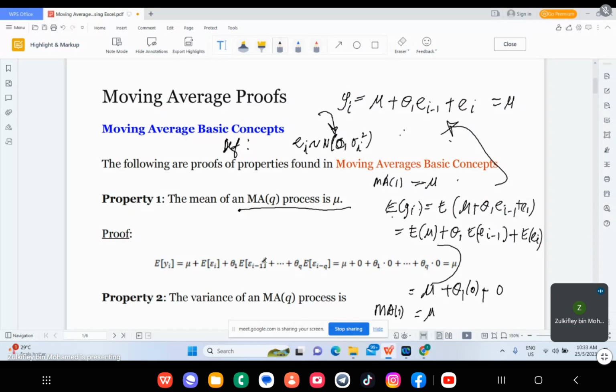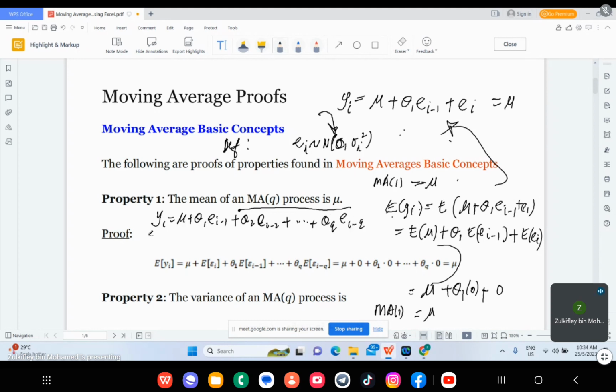Likewise, if we want to prove this one, let's say I have the mean of MAQ. The MAQ function is YI equal to mu plus theta 1 epsilon I minus 1 plus theta 2 epsilon I minus 2 plus dot dot plus theta q epsilon I minus q.